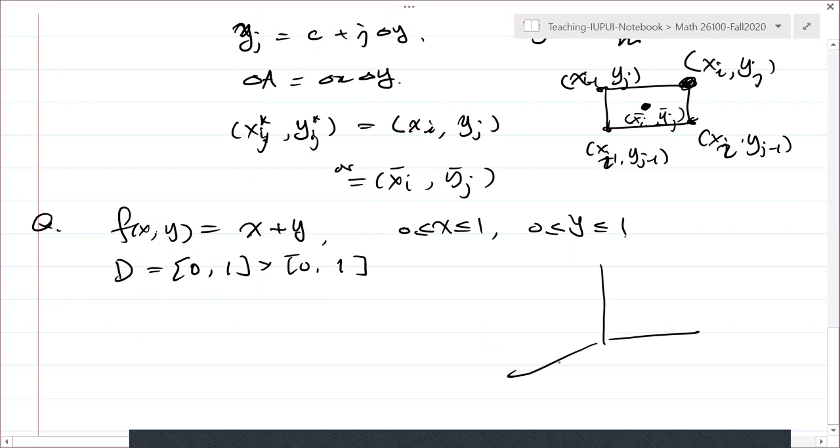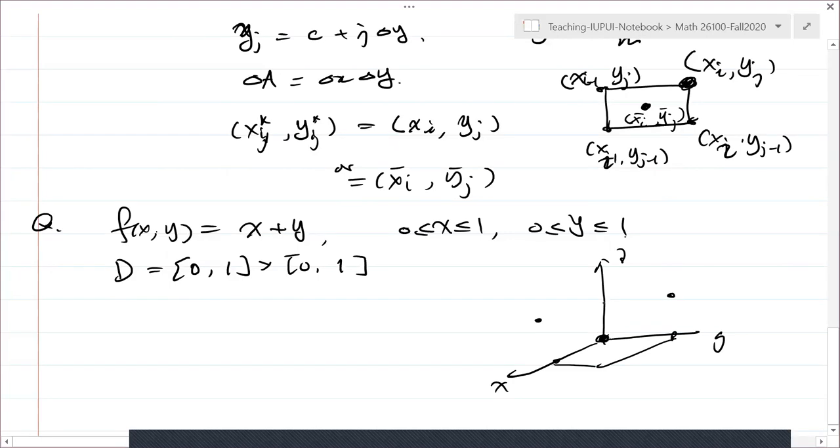It's harder to draw the picture here because this is 3D, with x, y axis, and z axis. When x equals 0, y equals 0 is the origin. When x equals 0, y equals 1, it is here. When y is 0, x is 1 is here.